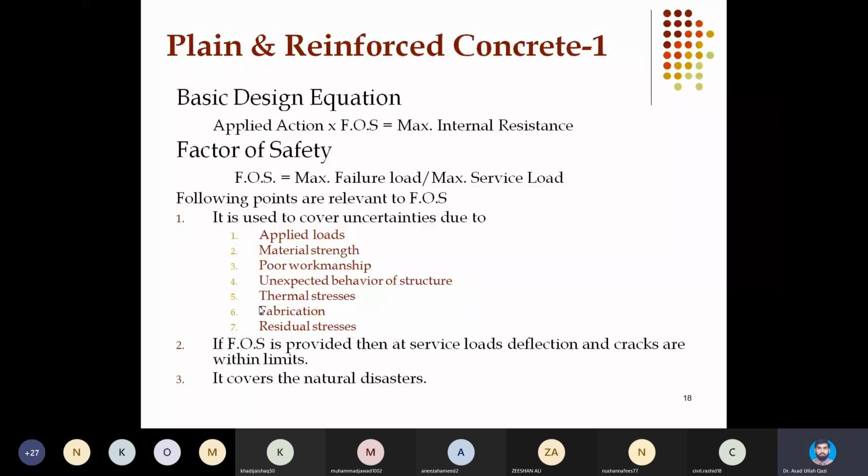So the structure can't sustain that 700 kg per meter square pressure. As a result, there will be a drop in capacity.